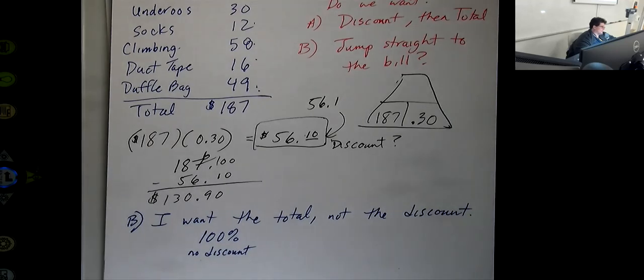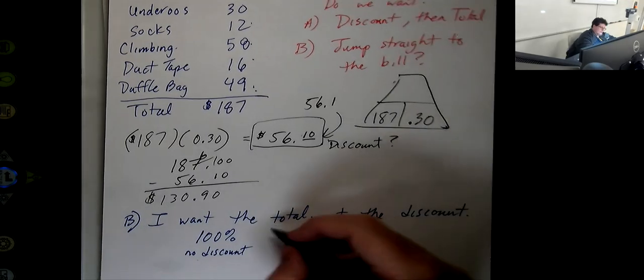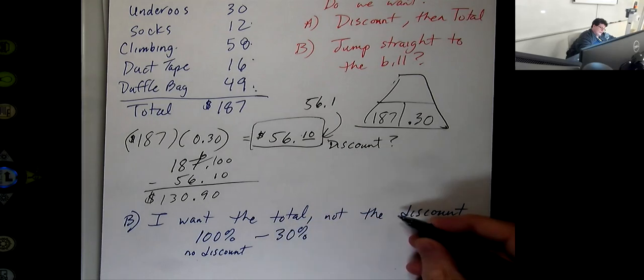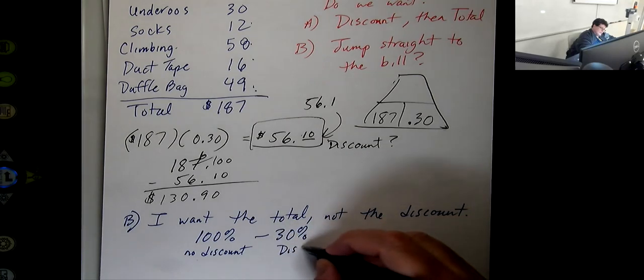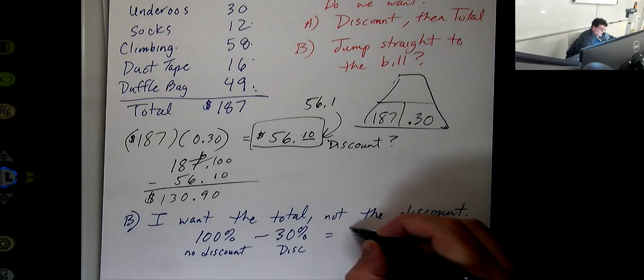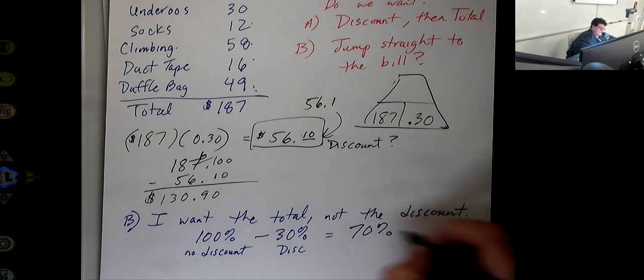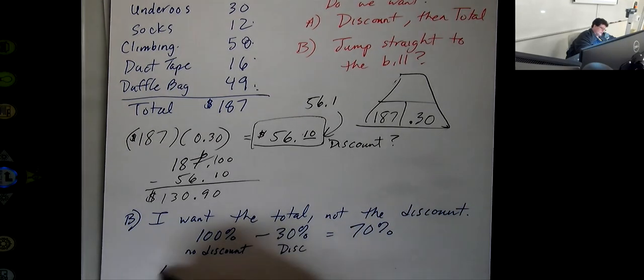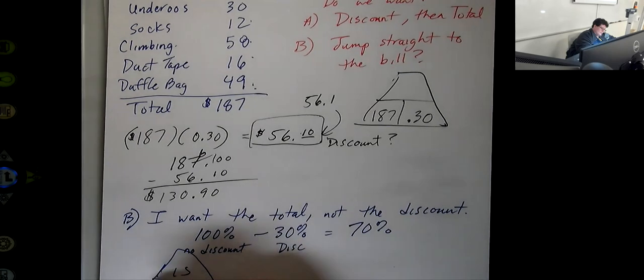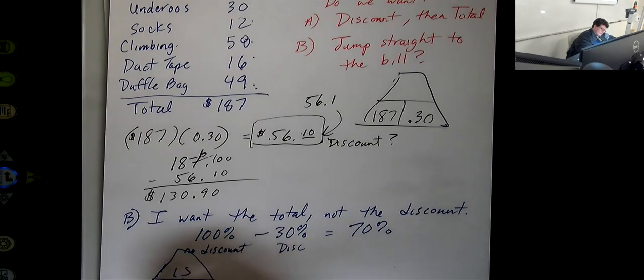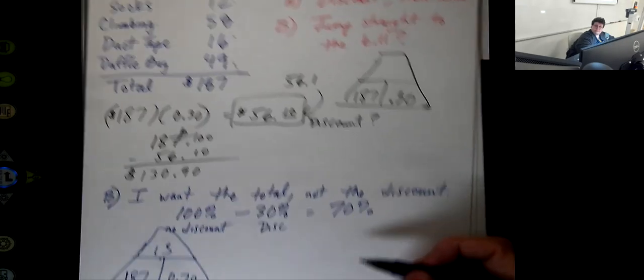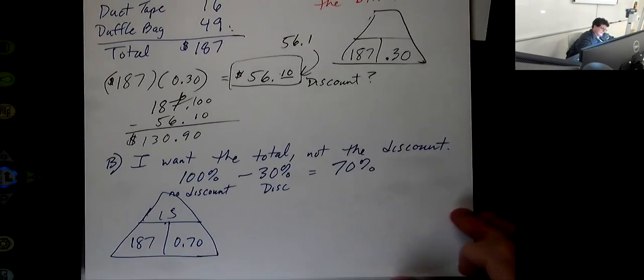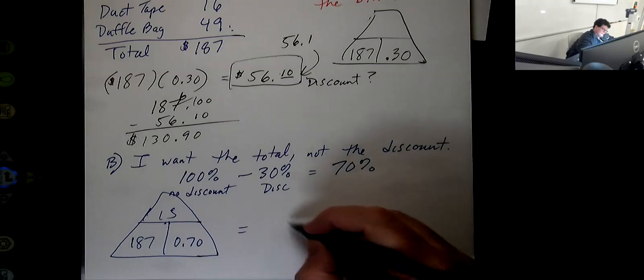With the discount, I'm taking 30% off. I'm subtracting 30%. So my new portion that I'm paying is 70%. So in my is-of triangle, I've got 187 here and 0.70 here. And that'll take us straight to $130.90.